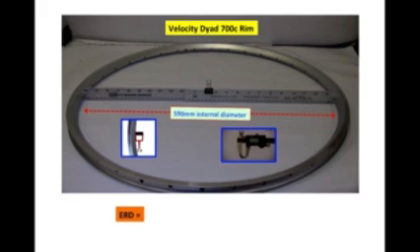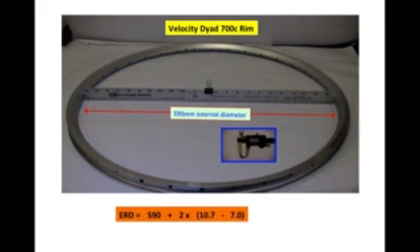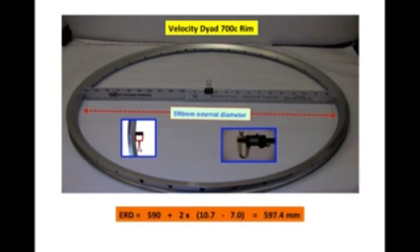So my ERD is equal to 590 plus 2 times (10.7 minus 7.0), and that equals 597.4 millimeters, which is the ERD of that rim.